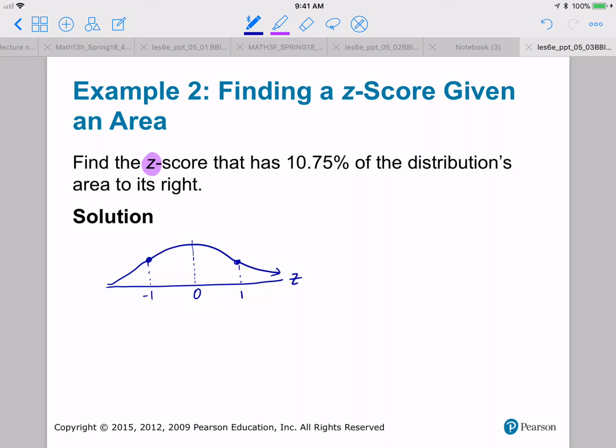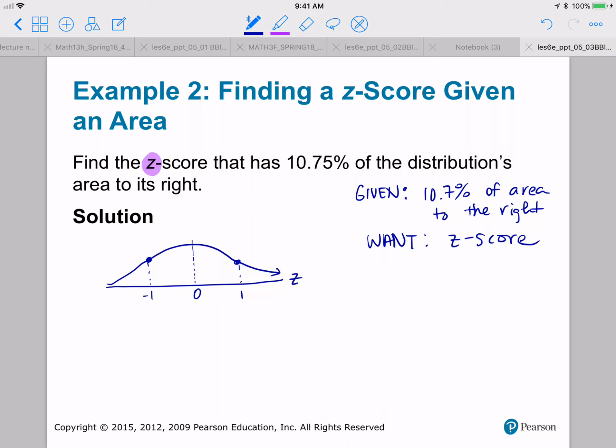So what are we given? We are given 10.75% of area to the right. And what do we want? We want a z-score.